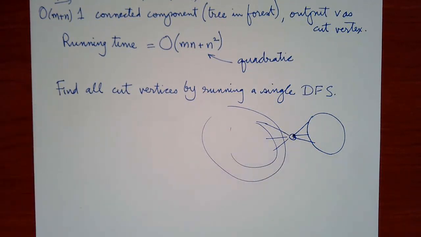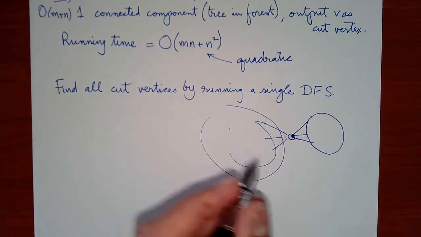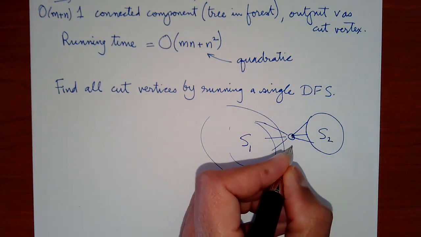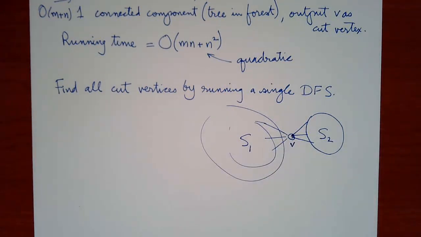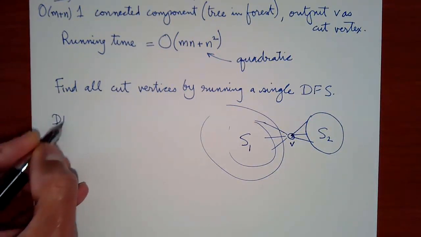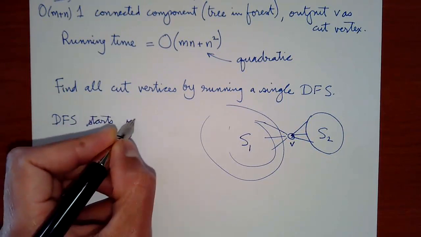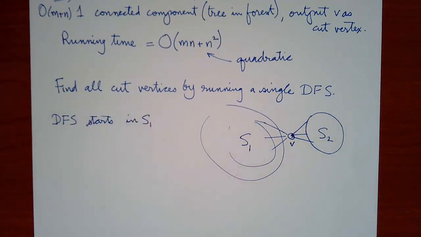I'm just going to simplify this picture. I'm going to refer to this as S1, S2, and this vertex as V. Okay. So let's say DFS starts in S1. Just suppose.